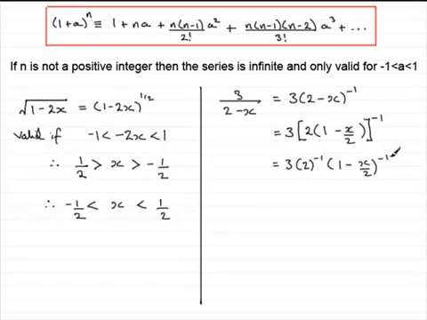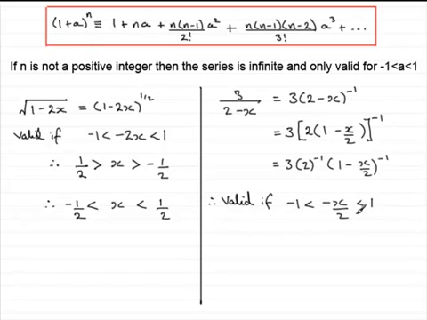Notice how the power -1 is not a positive integer, so the series would be infinite, and it's only valid if the a term, which is minus x over 2, lies between -1 and 1. So this is valid if minus x over 2 lies between -1 and 1.